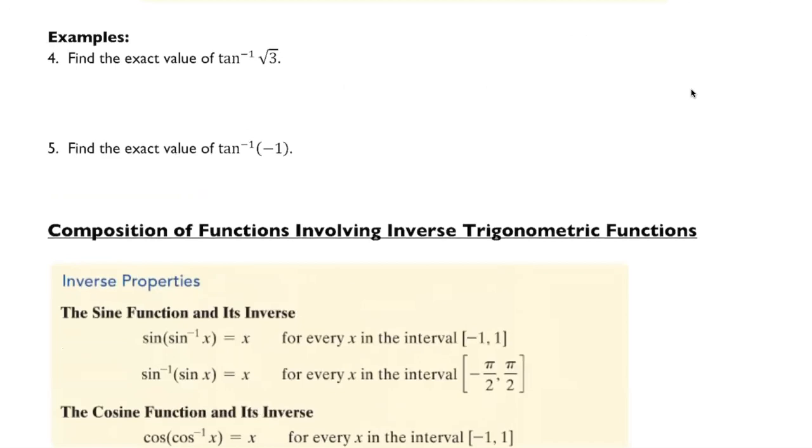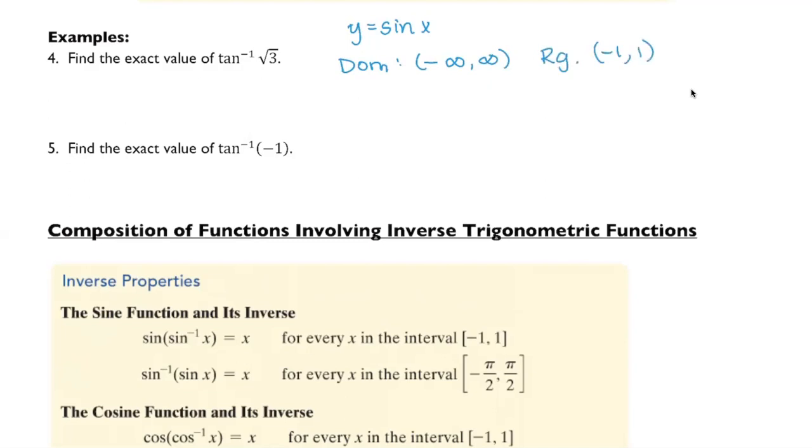So let's talk a little bit about domain and range before we really get into this. So let's think about the sine function, for example. When we just think about y equals the sine of x, the domain we know is negative infinity to positive infinity, and the range is -1 to +1.